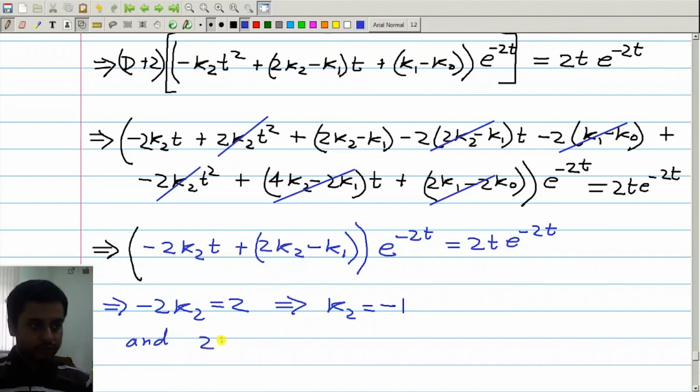So k1 will be equal to 2k2, that means minus 2.